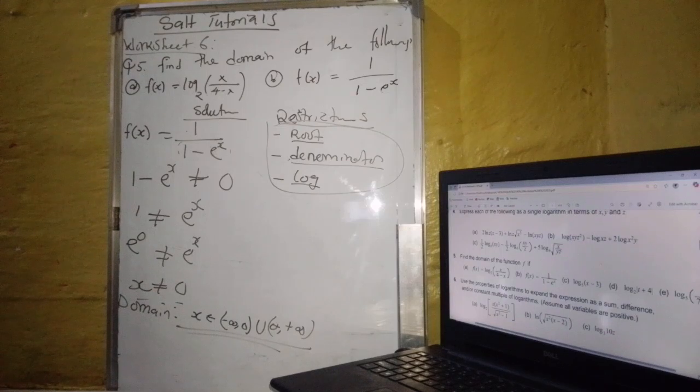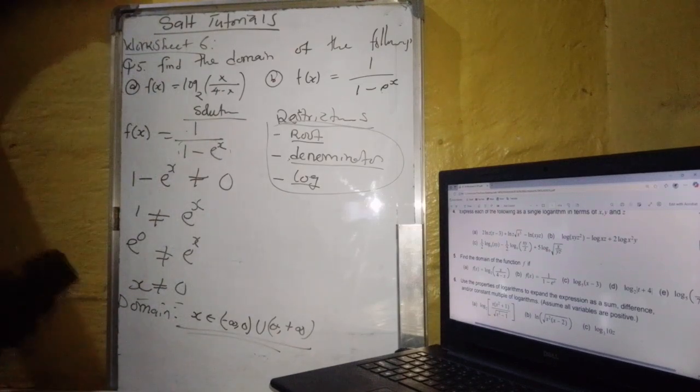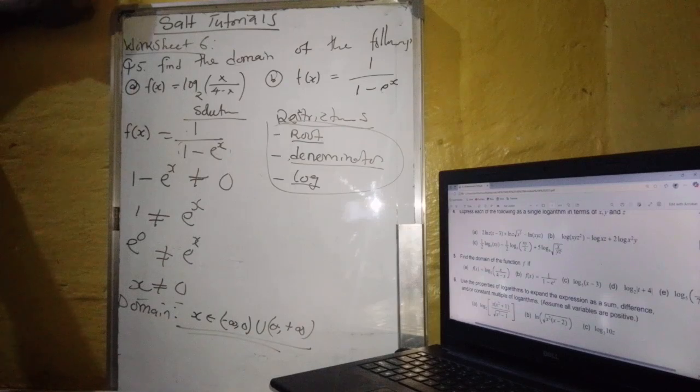With that said, you can work on the C part, which is a logarithmic function. I'm sure you've seen that C is also a log function, D is also a log function, and E is also a log function.